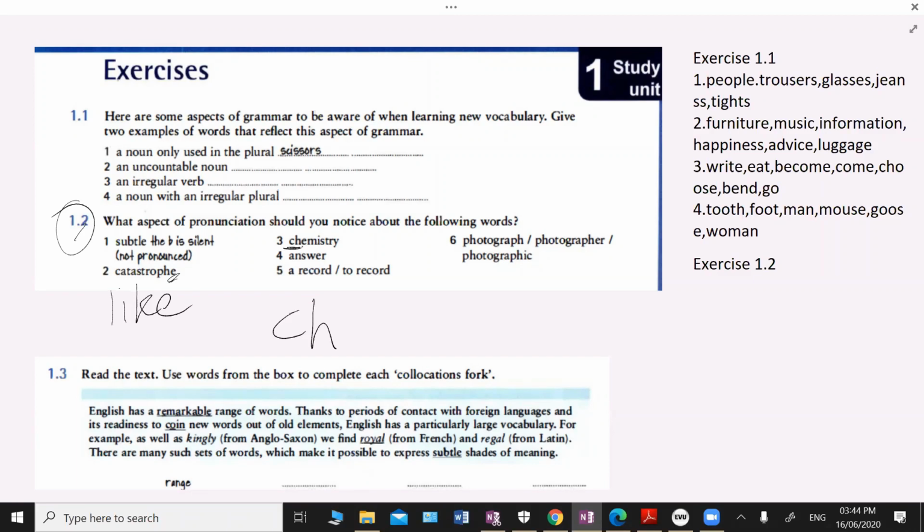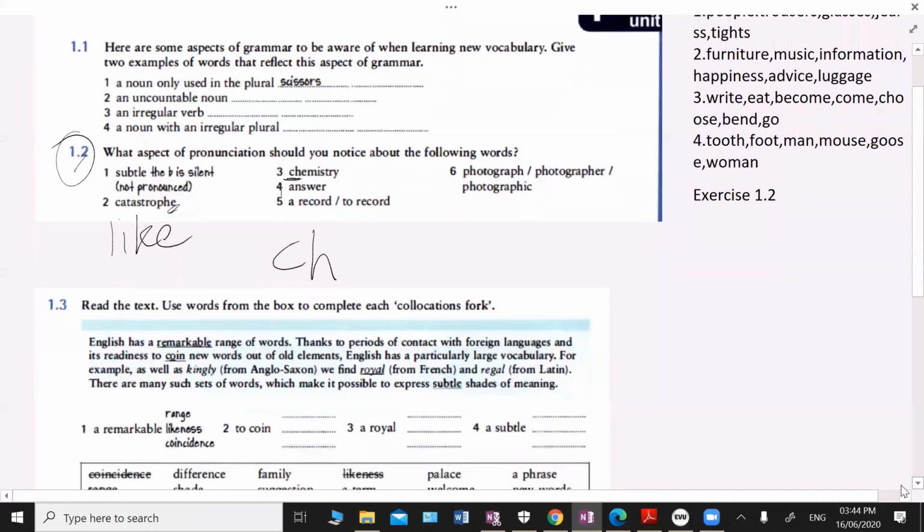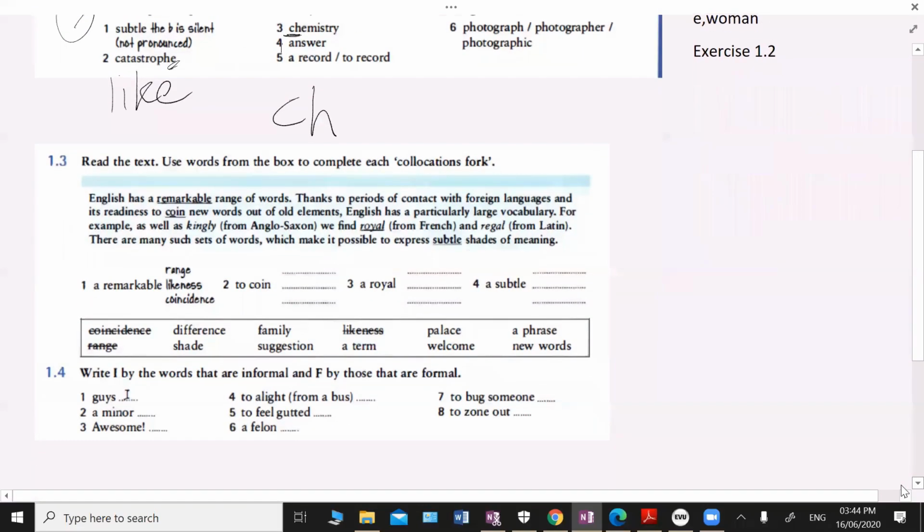So this is some kind of pronunciation difference. You can listen further to certain pronunciations and check the differences in syllables and different sounds.